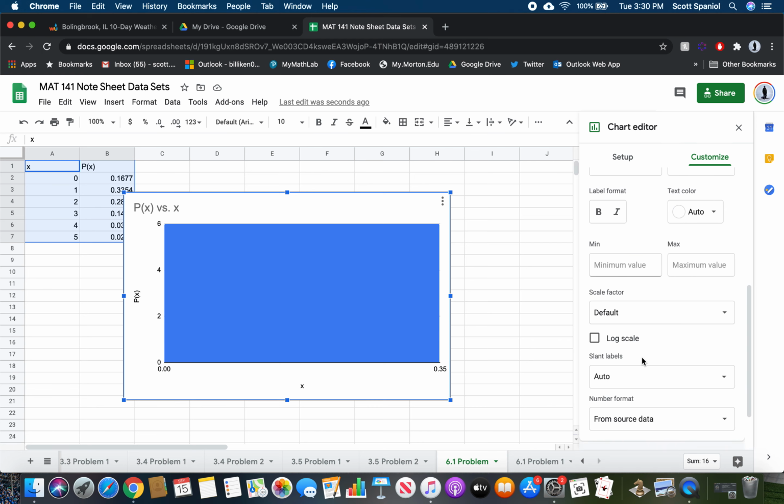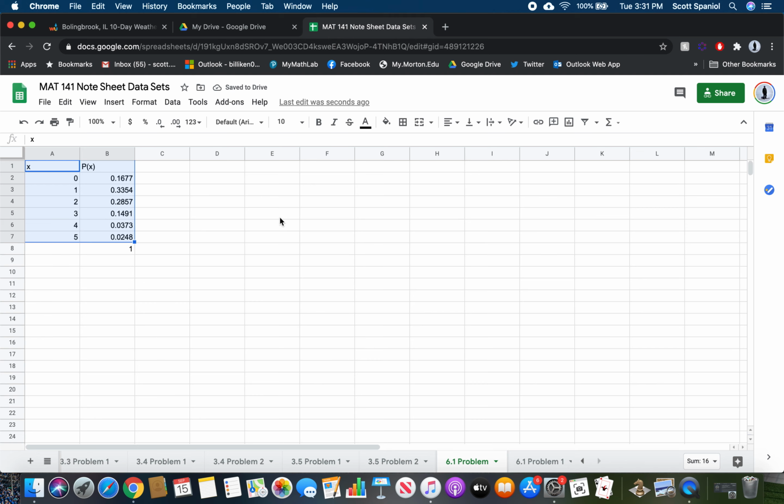Okay, so I had to switch columns. Okay. For whatever reason, this is not working well. So let's delete this. And let's try one more time.